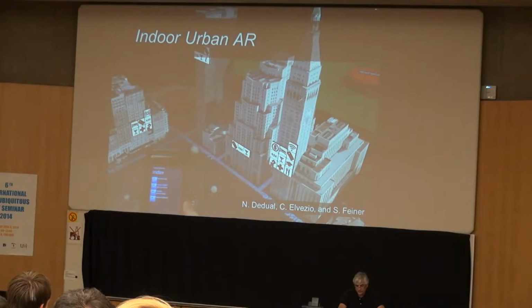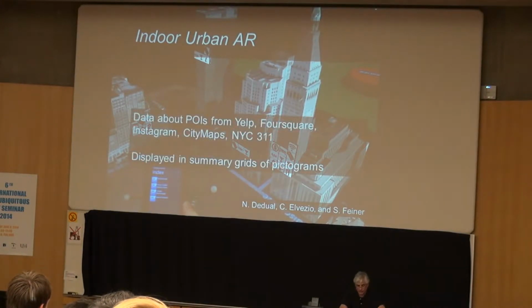In this case, we're seeing some of the same buildings we were seeing before, but we're also seeing some little placards on top of them. What we're showing here is data that's been obtained about a variety of points of interest, gotten from a number of well-known social media sources: Yelp, Foursquare, Instagram, etc.